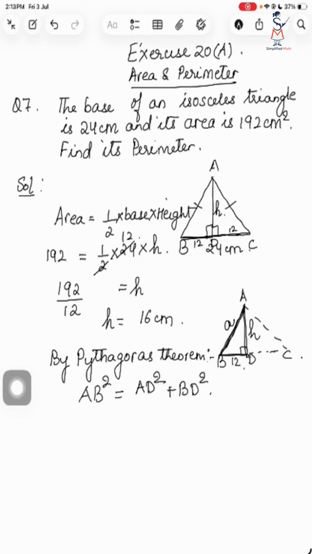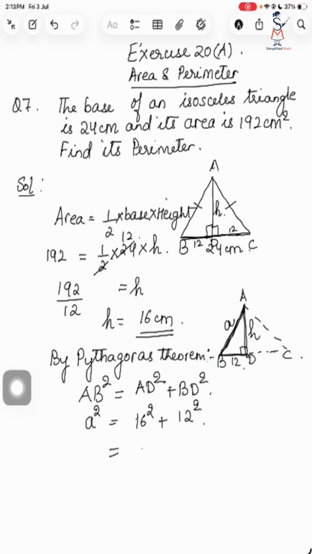This is the Pythagoras theorem. So AB square is A square, AD is h square, which we have found over here, that is 16 square, and BD is 12 square, because that is divided into two portions.